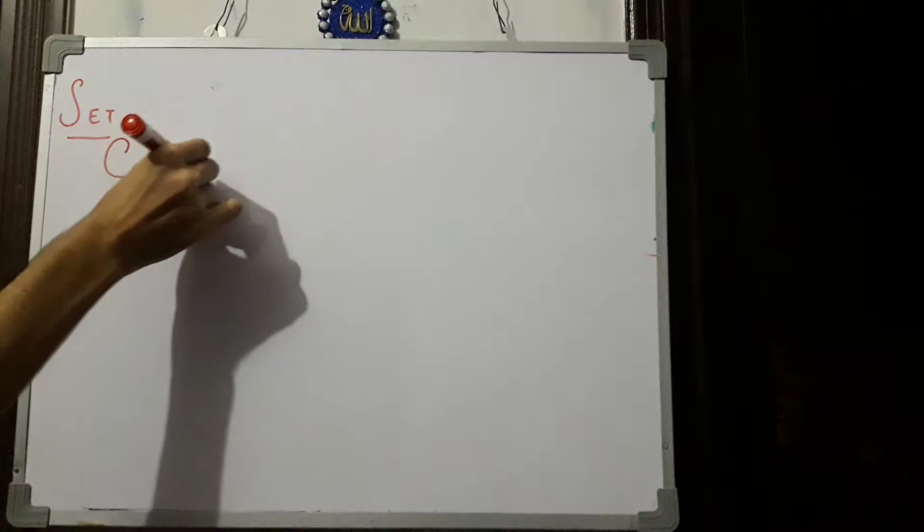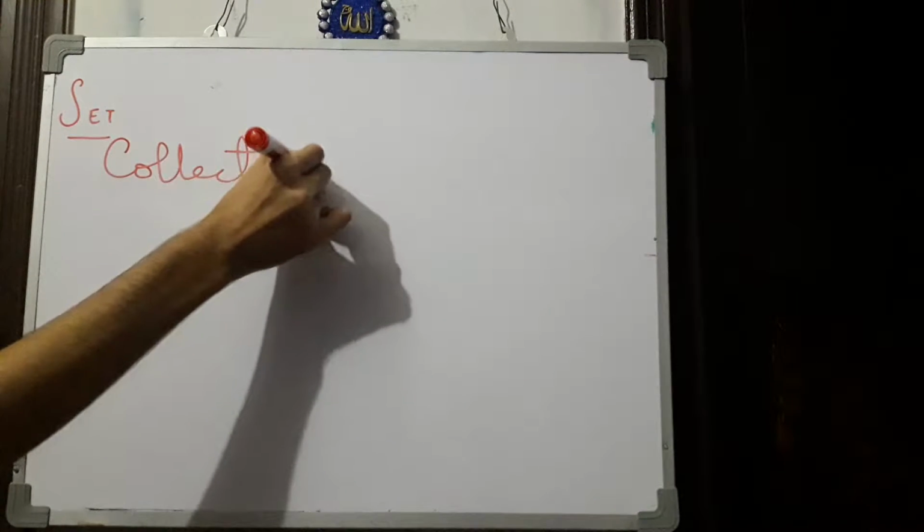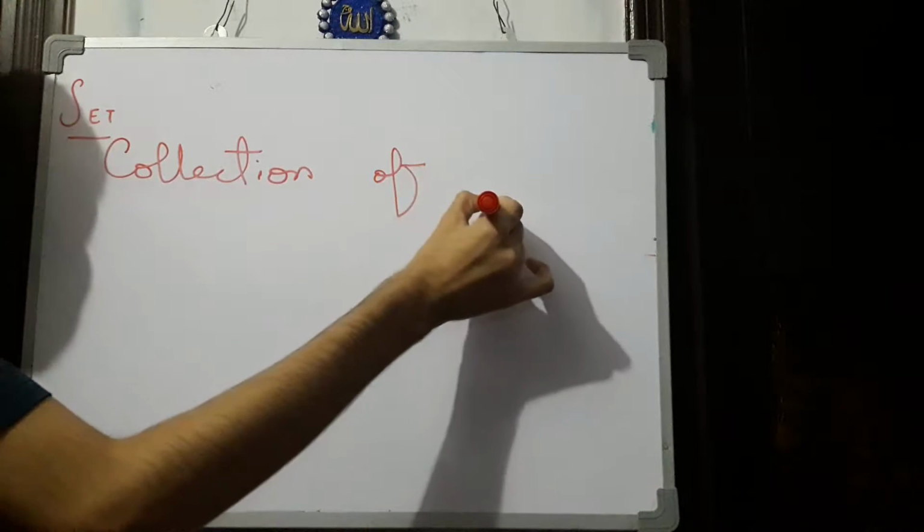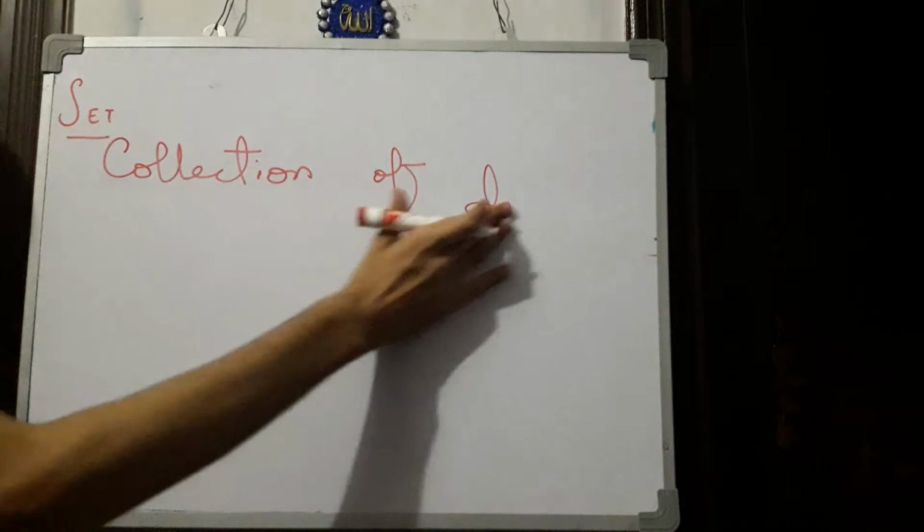What is a set? In mathematics, a set is basically a collection of distinct, collection of well-defined, which is defined.